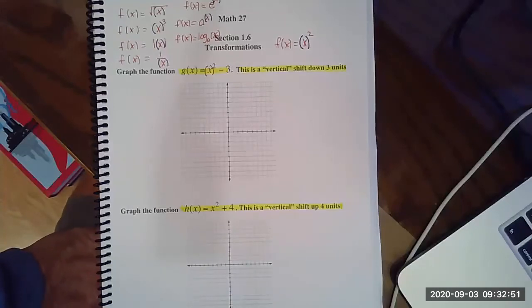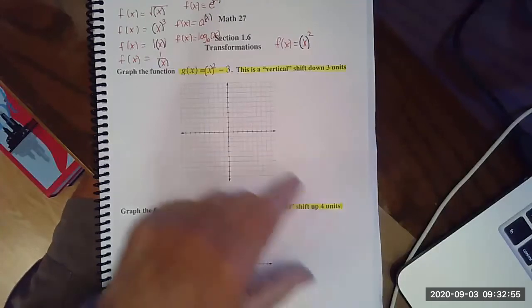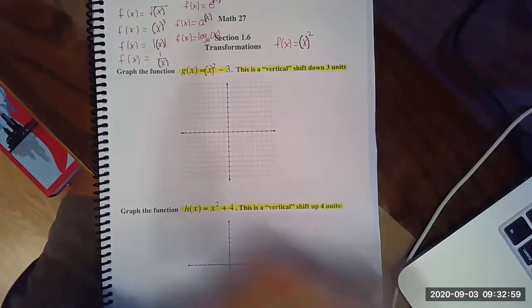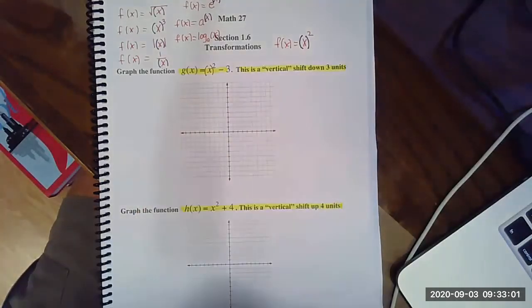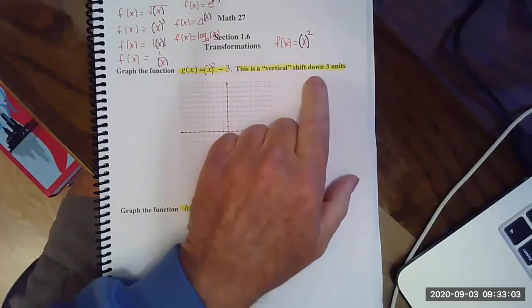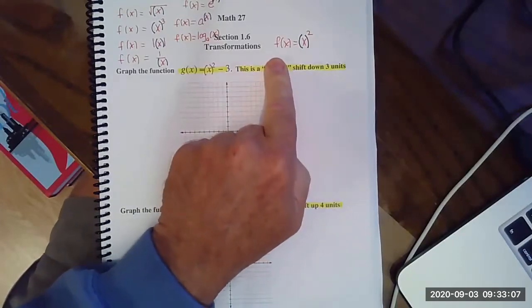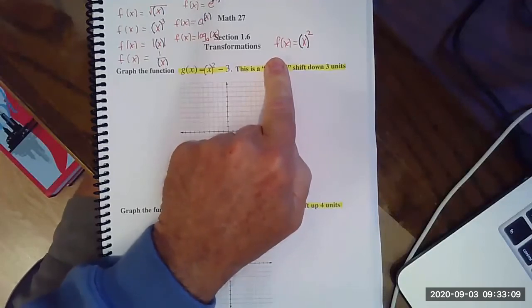I don't need the vertical, I just emphasize that because if you're going down, it's vertical. So if you picked letter A, shift down 3 units, you'd pick the right one.